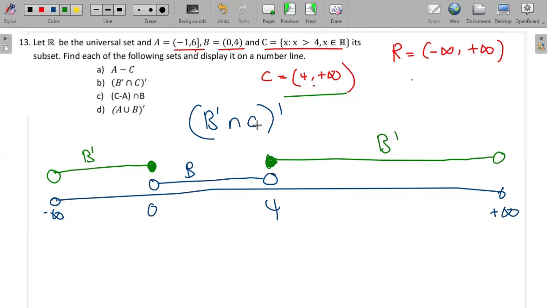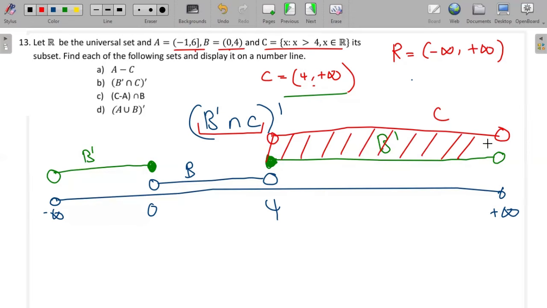We're okay with that. Let's plot C in red. C is from 4 to positive infinity. But the 4 is not included there. So it's starting here, going all the way to positive infinity. This is my C. So we're just considering, first of all, what is inside the bracket. We're not considering this complement as yet. So what we're going to do here is find our B complement intersection C. It will just be this part here, where the red line is above the green line.